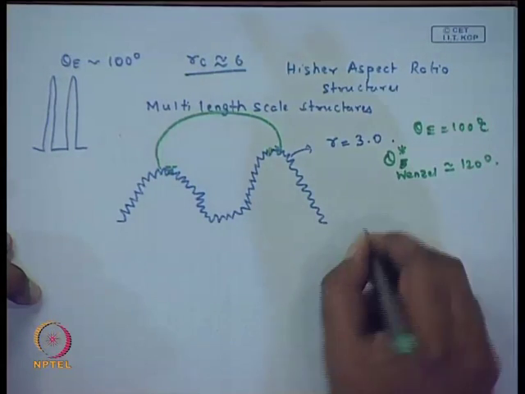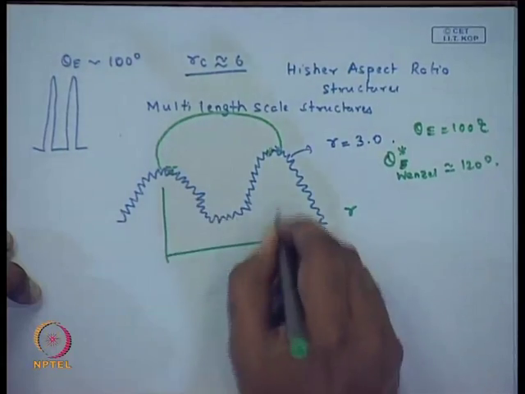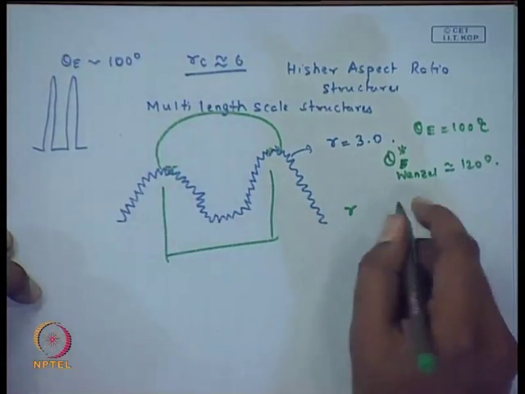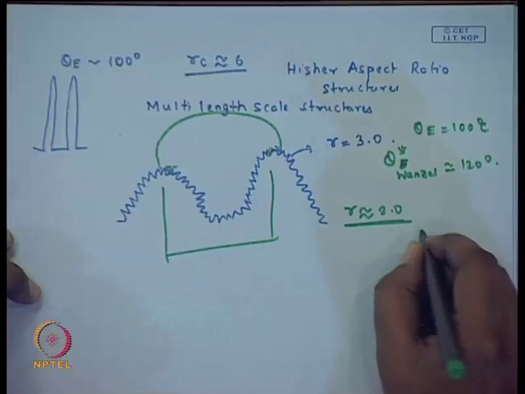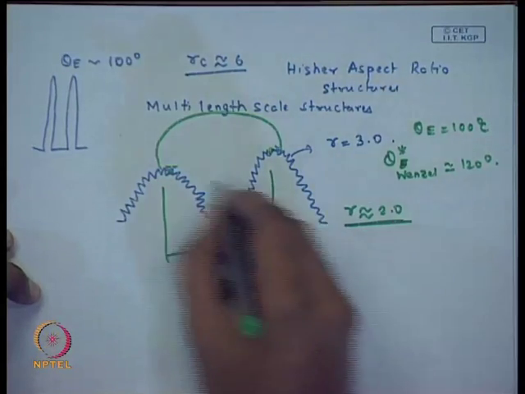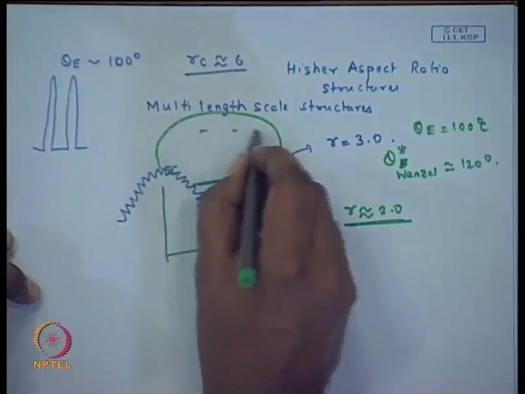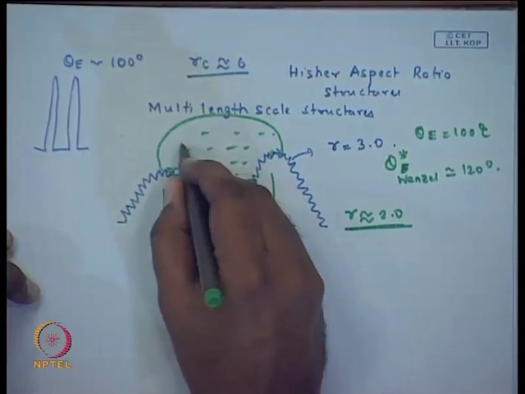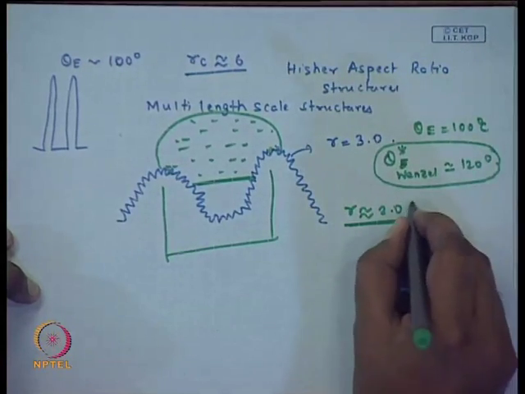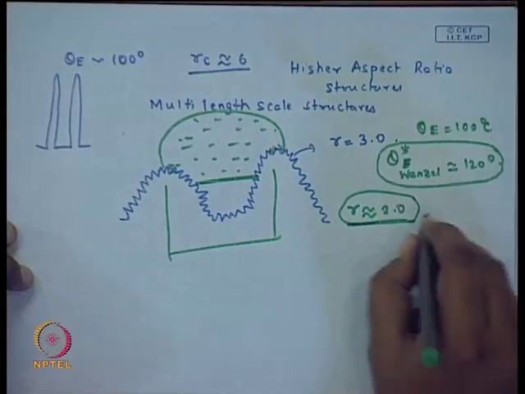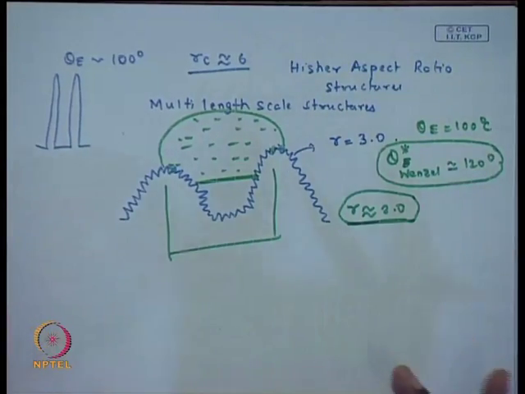And for the microstructures, the larger protrusions or periodic structures, with r roughly equal to 2, you have a Cassie state of wetting. You can easily have a Cassie state with the effective contact angle of 120 degree, and in order to achieve it all you need is r equal to 2. This makes the structures much shorter compared to what you would need for structures with a single length scale.